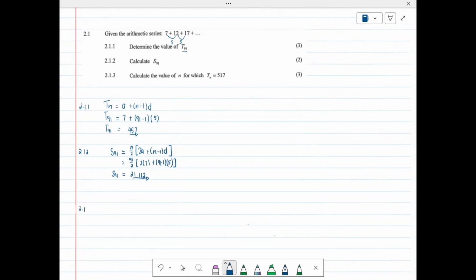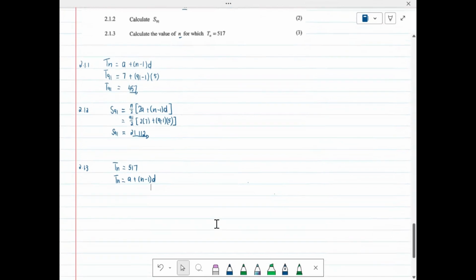Let us have a look at the final question. It wants us to solve for n this time when Tn is equal to 517. So using the formula for Tn, we have a plus (n minus 1) times d. Tn is 517, a is 7, plus, and this time we are solving for n, which is our unknown, and substituting d.